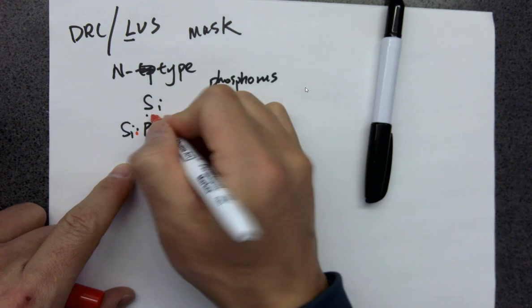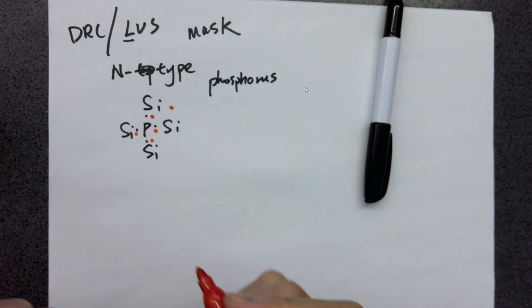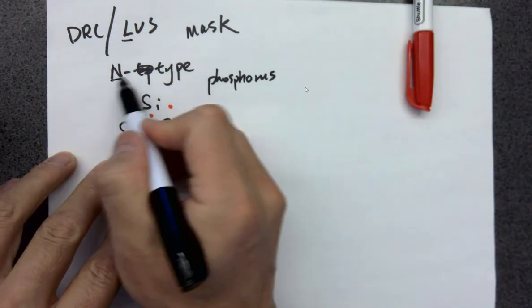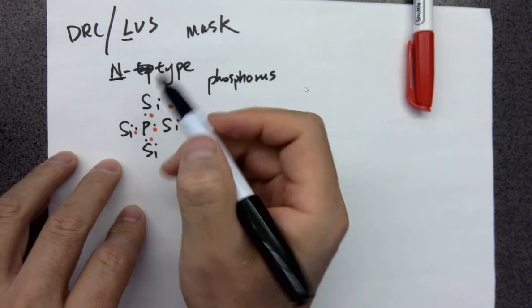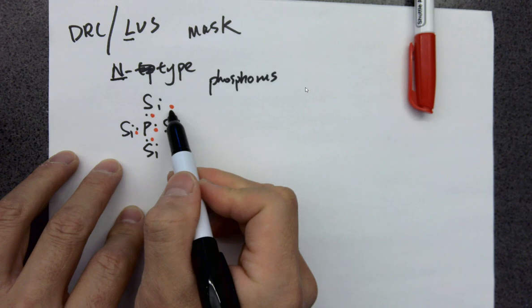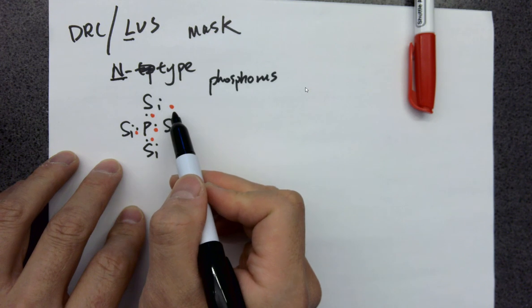But there will be one extra one over here. This is forming a free electron. So that's why it's N-type, because N represents negative, I think. So eventually it's N-type because there's one more free electron.